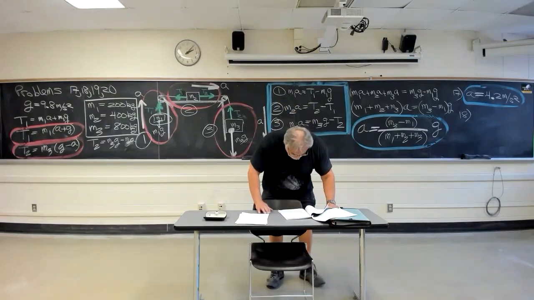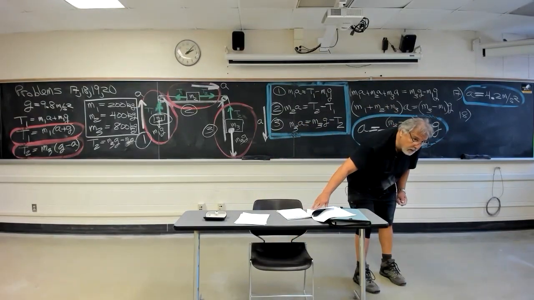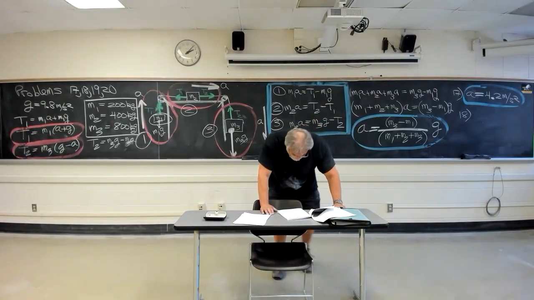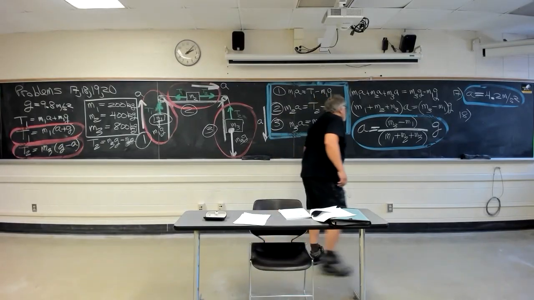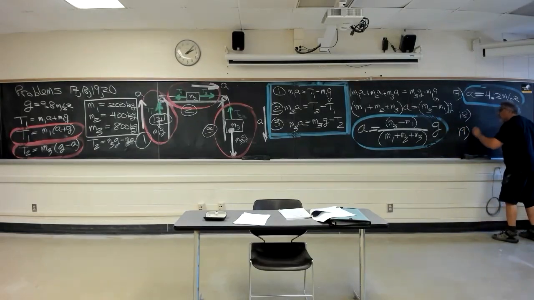I'm taking a little longer than I wanted to. So we got the acceleration for number 17. For 18 and 19, you got to get T1 and T2. So that's 18, and this is 19: T1 and T2.